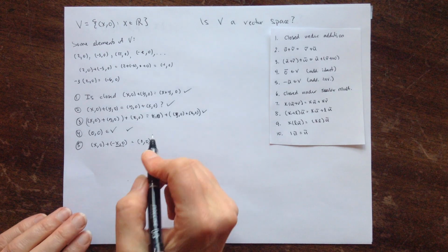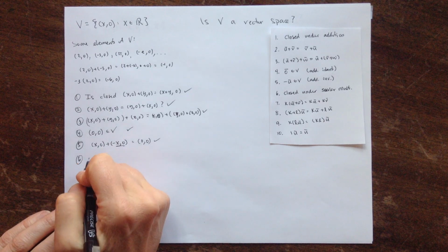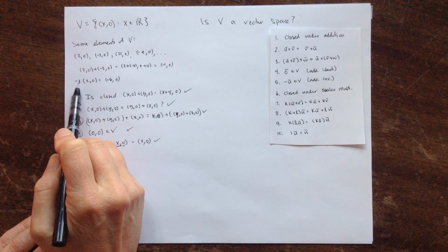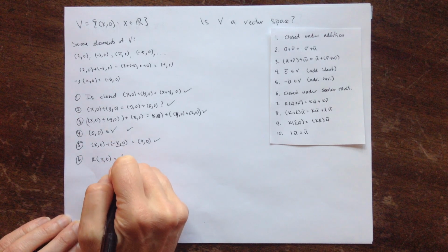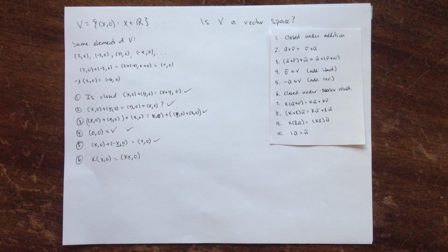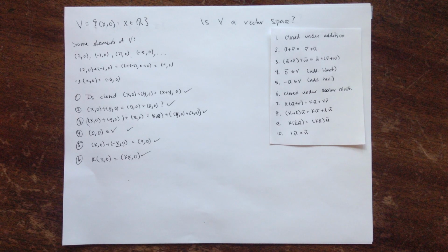It is also closed under scalar multiplication, so that's number 6. If you take a real number, k, and you multiply it by x, 0, like we did up here with k equals negative 3 and x, 0 being 2, 0, you're going to get kx, 0. k is a real number, x is a real number, so k times x is a real number, so this is closed under scalar multiplication.